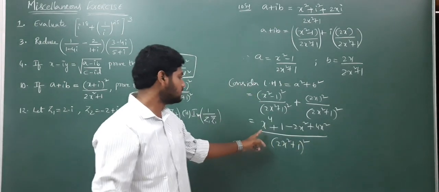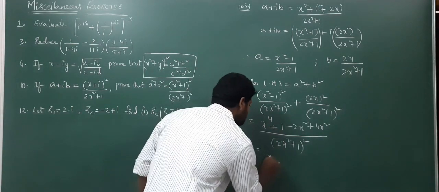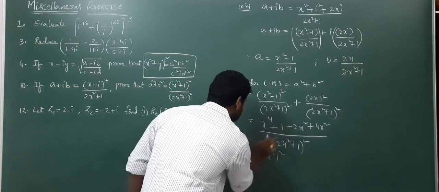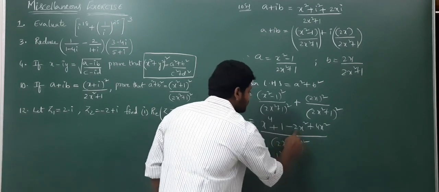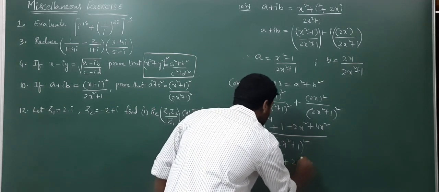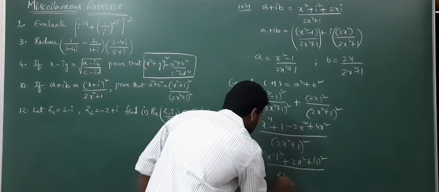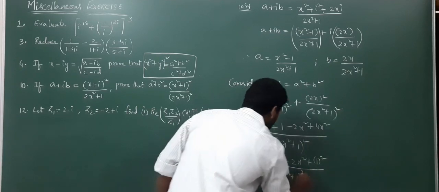So if we simplify this, x to the power of 4 plus 1. So x to the power of 4, I will write it as x square whole square minus 2x square plus 4x square, which will be equal to plus 2x square plus 1 square divided by 2x square plus 1 whole square.